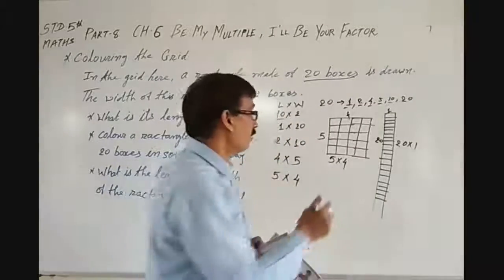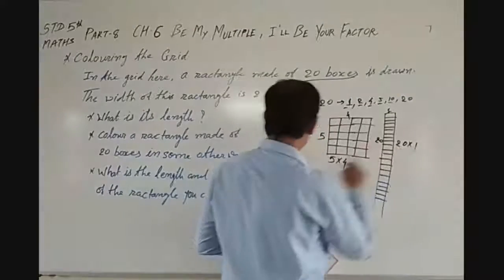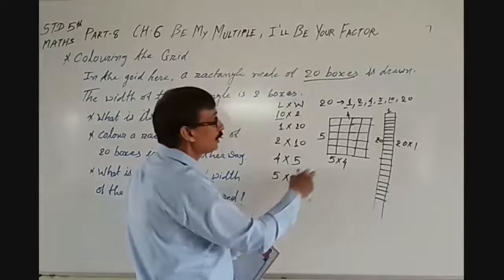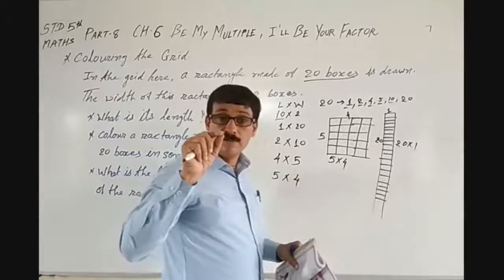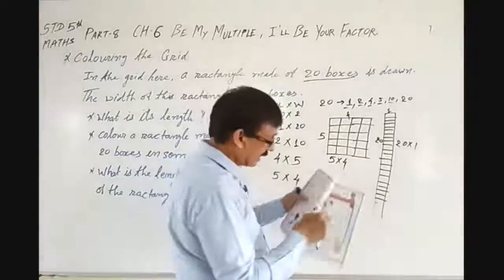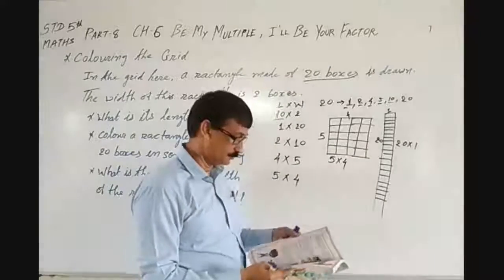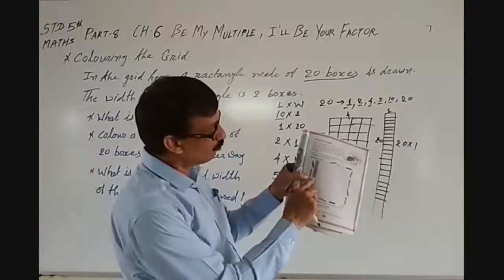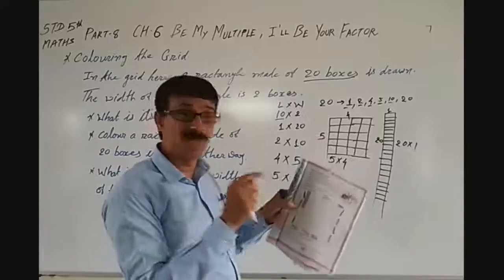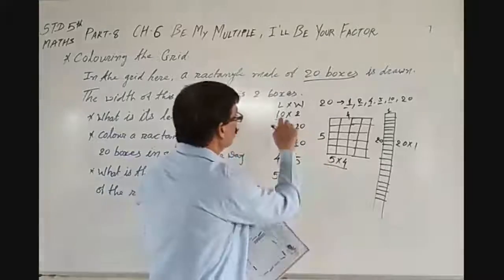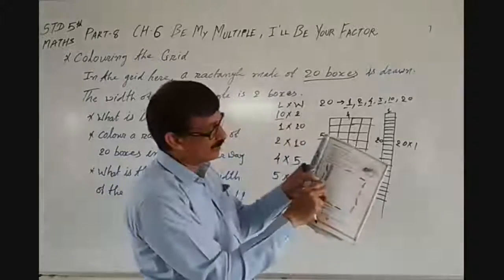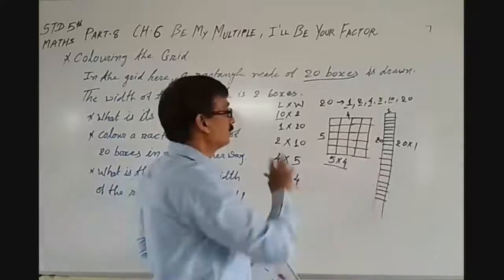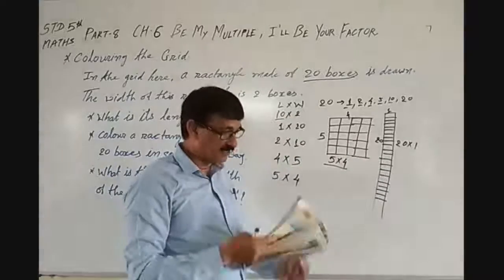First of all write length and then write width. In every rectangle, somewhere over here write the length and width like this. So write 10 multiplied by 2 over here. So this way you can complete this activity.